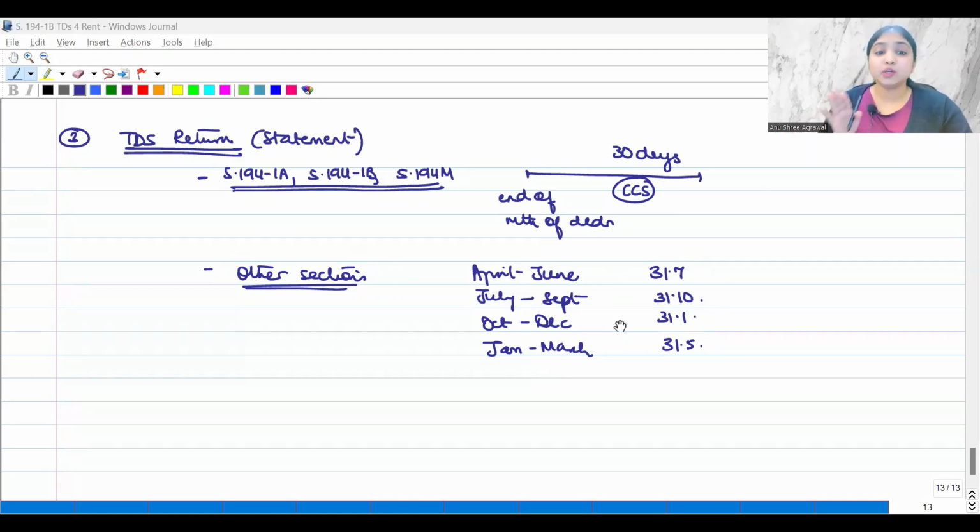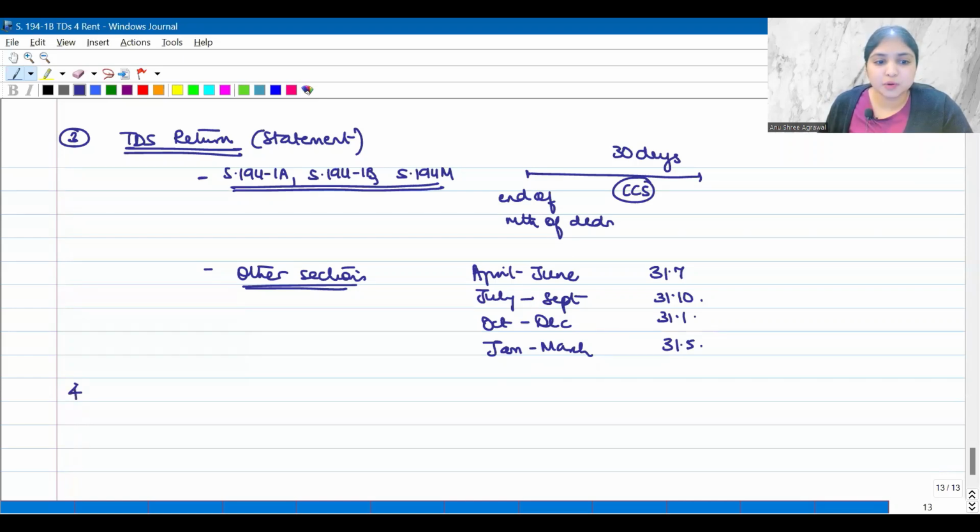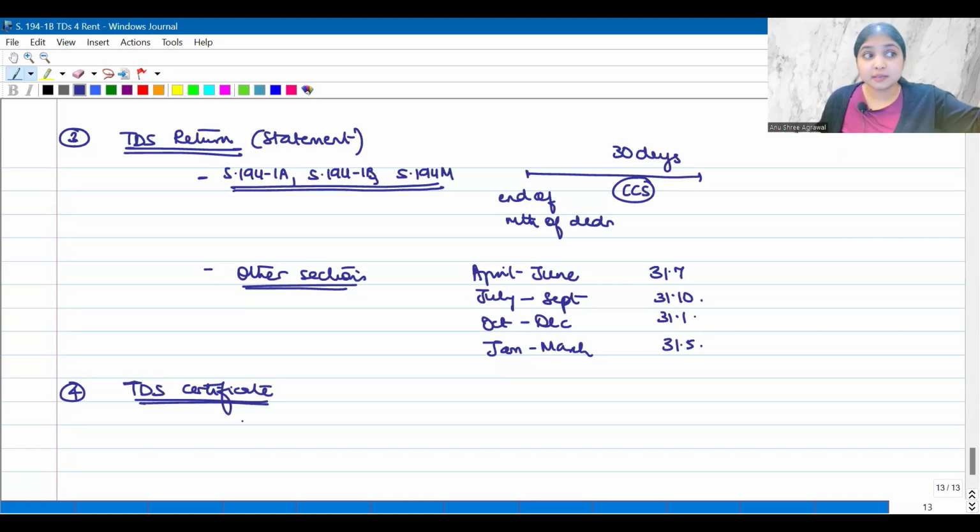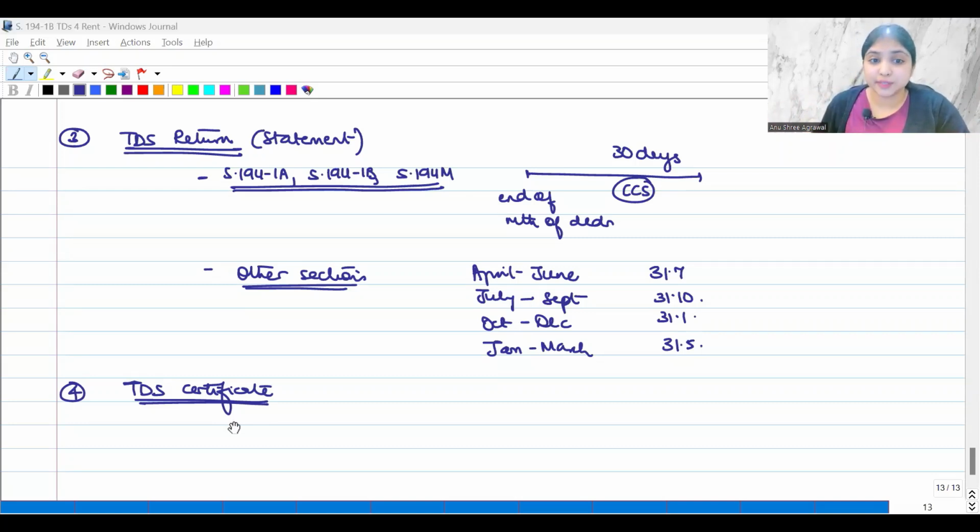Then coming to the fourth responsibility of the deductor, he also has to give a TDS certificate to the deductee. Remember, I had told you all this in the first part of the last session. So when will the TDS certificate be given?